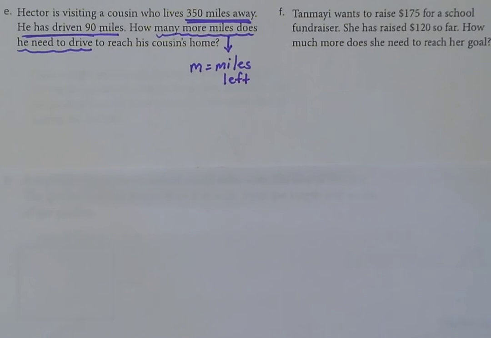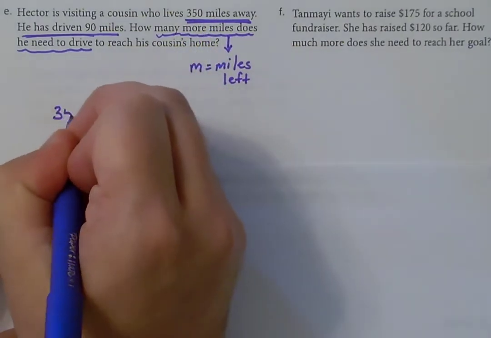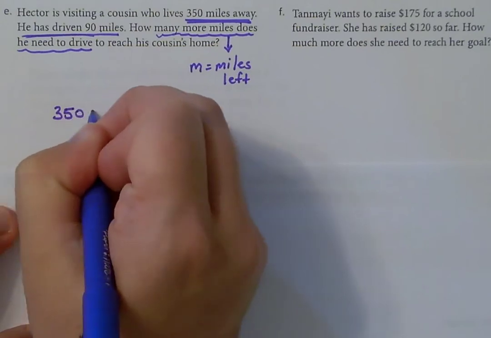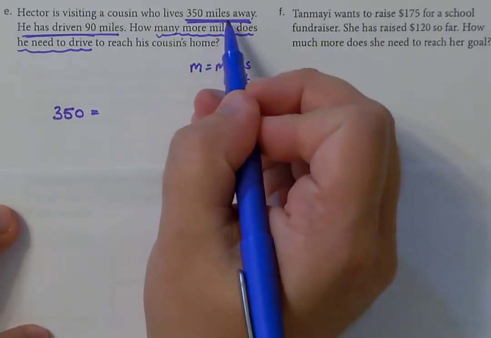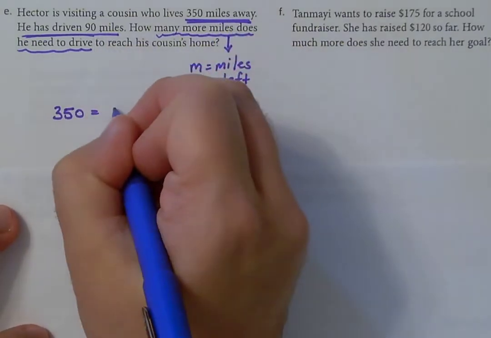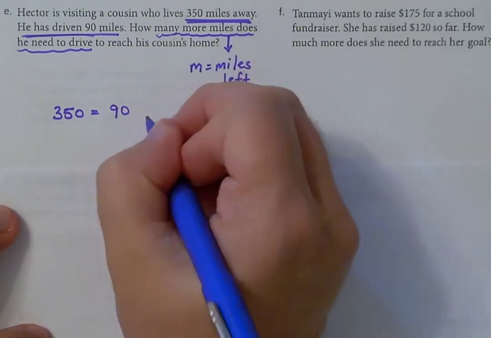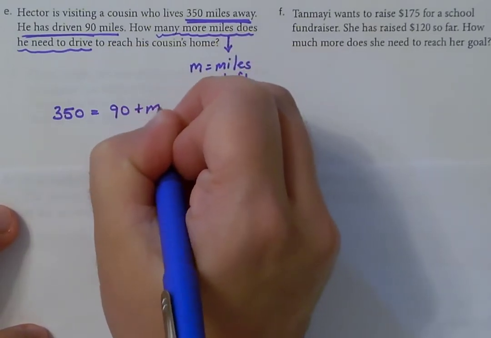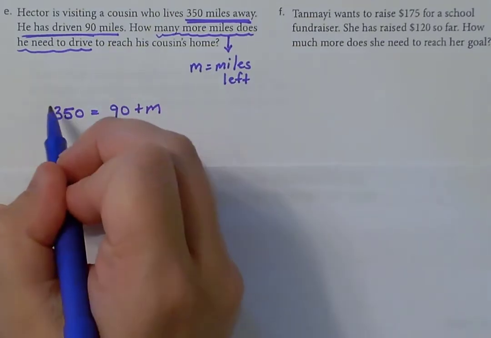So if we go through and set this up, okay, we know his cousin is 350 miles away. So that is going to be our starting point. Now that's going to be equal to whatever he has driven or needs to drive. So it's a total of 350. He's driven 90 miles. And then we want to know how many more. Well, it's 90 plus how many more left. So we're going to do it as plus m.